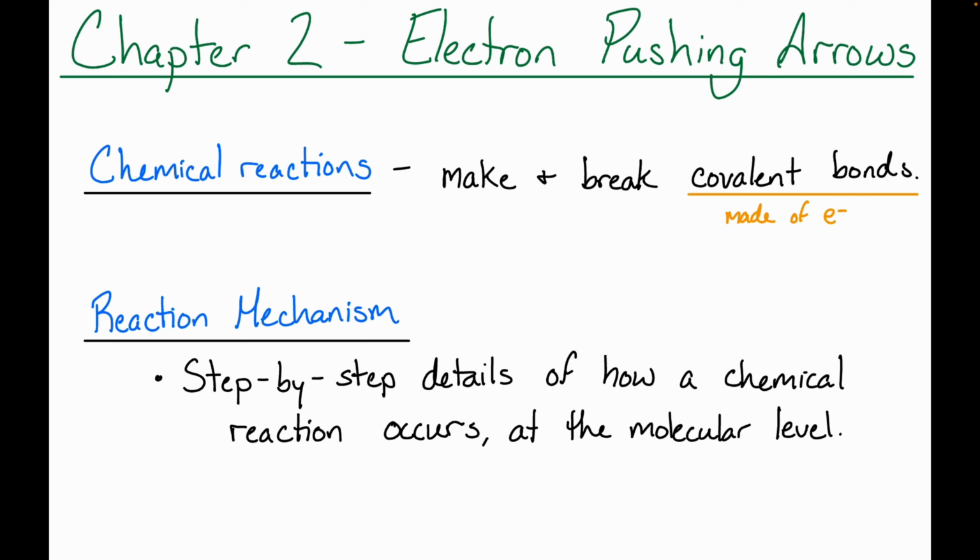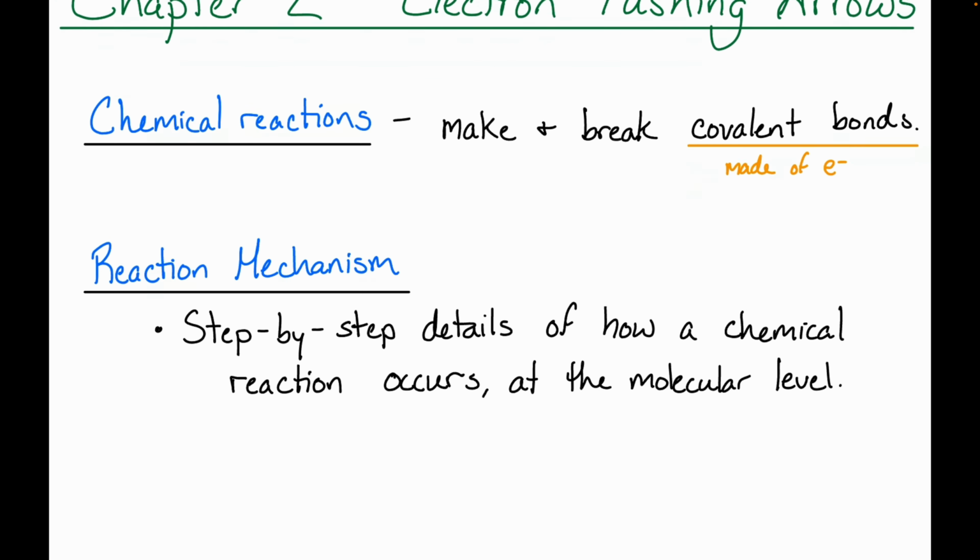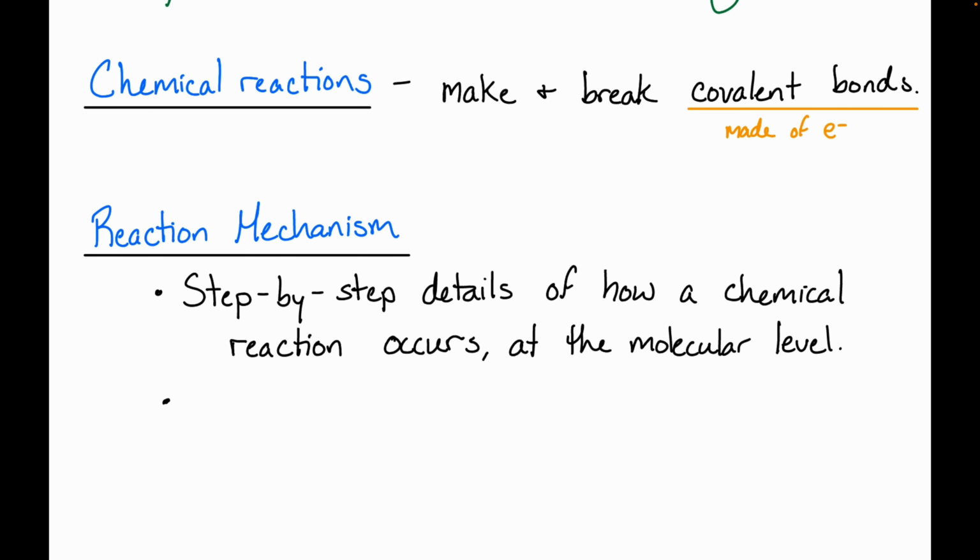So a reaction mechanism, simply put, is what you would see if you were to hop into your magic school bus and shrink down to the molecular level and actually watch this reaction taking place, right? The exact step-by-step breakdown of what is going on in that chemical reaction. It's composed of a series of what are called elementary steps.